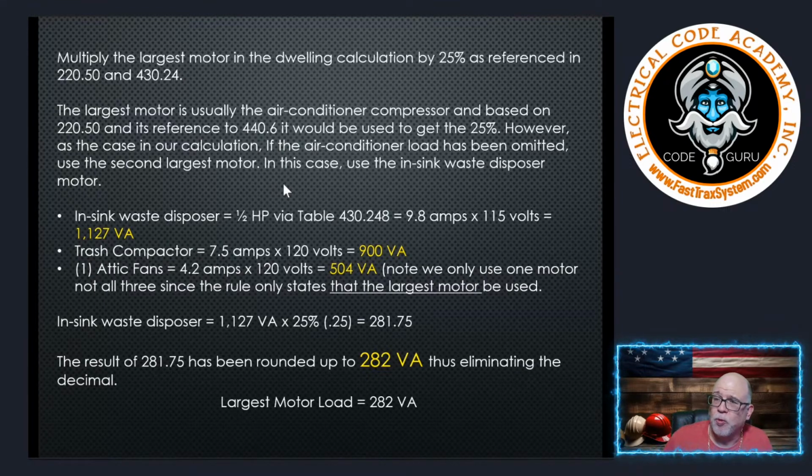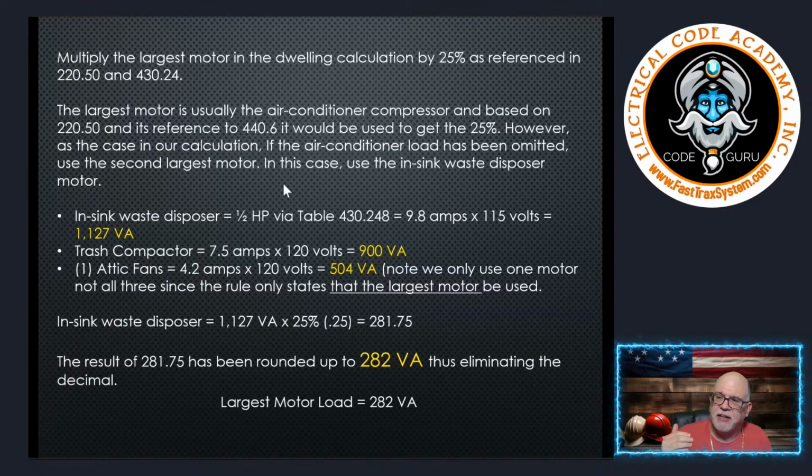And the rules in 430.24, when you have multiple motors, and we have multiple motors in this building, say to take the largest motor at 125% and the sum of all the other motors at 100%. Well, remember earlier when we were taking into account all these appliances? We actually took all the motors at 100%. Granted, we did apply some demands, but we've already accounted for these motors. But we never took any of these motors at 125%.